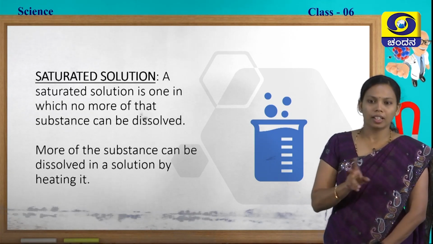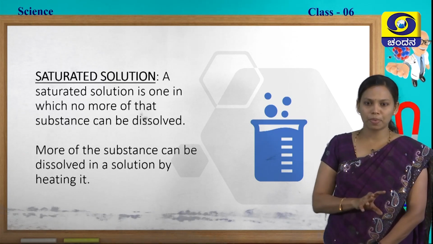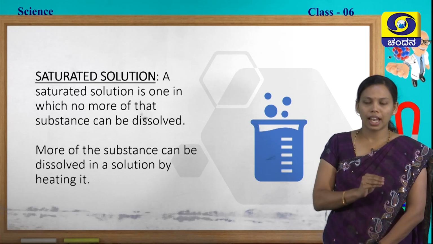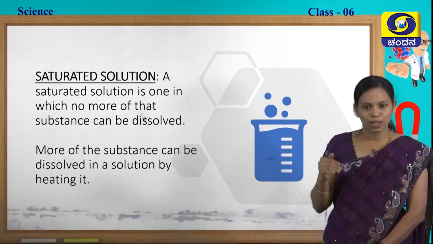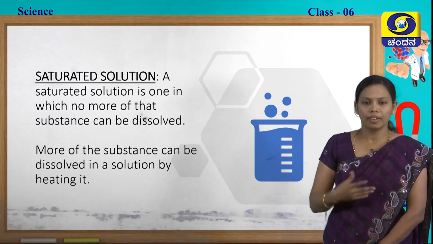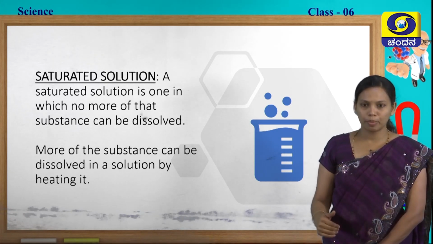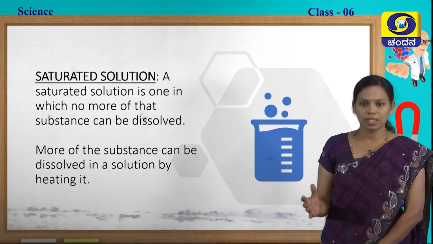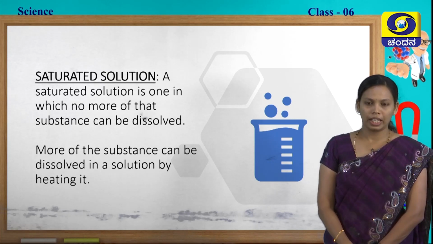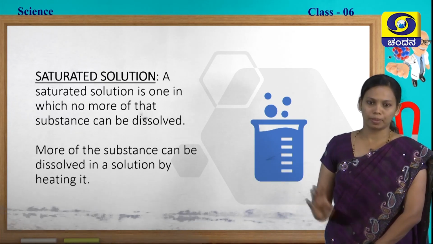So, add the same quantity of substances in both the beakers. Sugar can dissolve in the water slowly, whereas salt can dissolve in the water very soon. What does it mean? Different substances will dissolve in the water in different amounts. It is about the solutions.